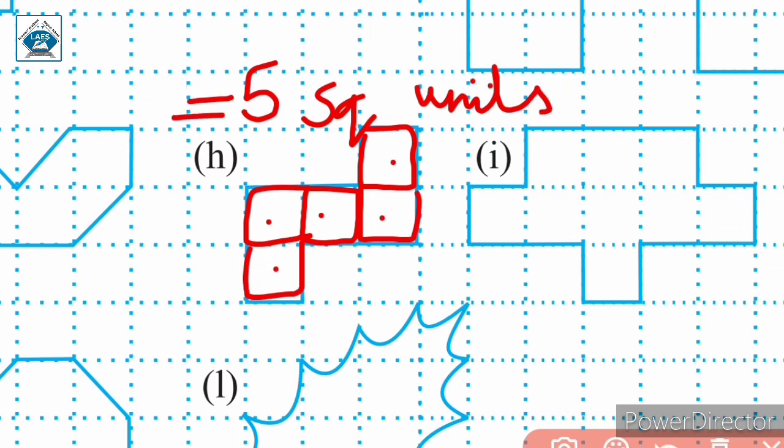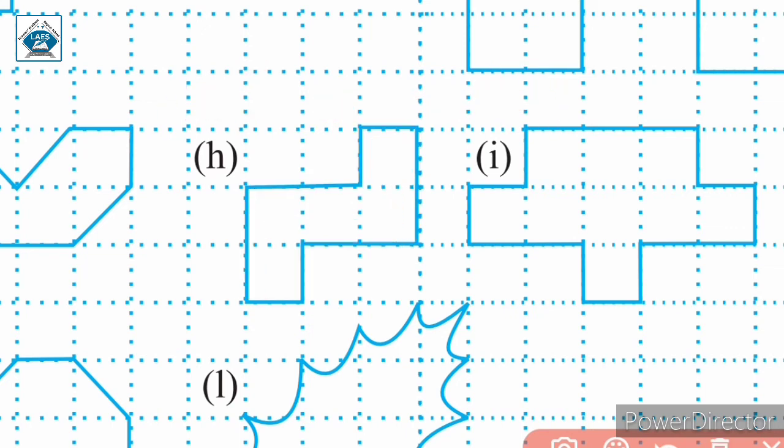So just like the H part, in the I part also, all the squares are complete squares. So you need to find the area of this figure on your own and write the solution in your notebook.